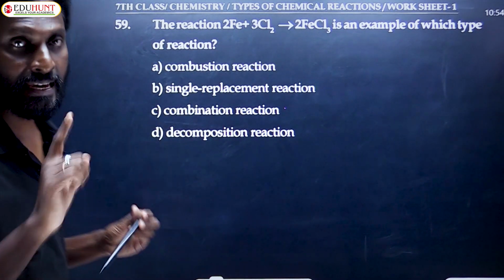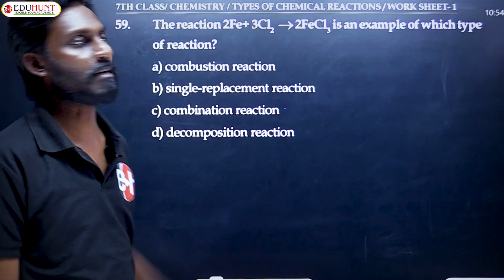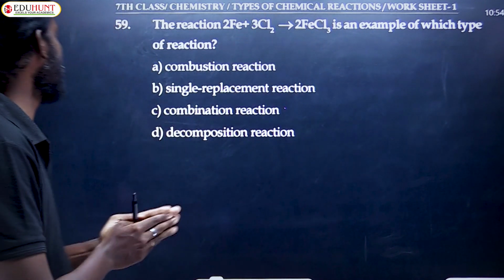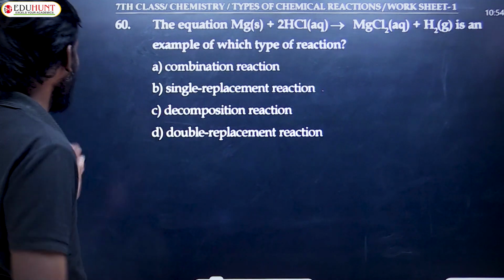The reaction of iron and chlorine to give FeCl3 is an example of two elements combining to give a compound. It's a combination type.